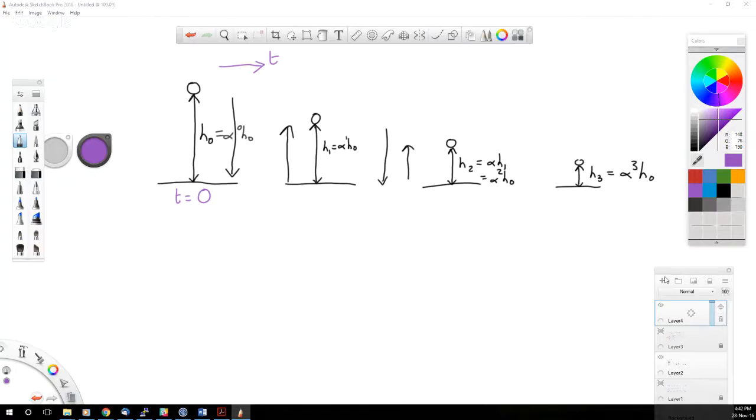But basically what we're saying is the time between bounces. So that's the time going up plus the time going down. So this and this are T1, this and the next bit are T2. The distance that the ball bounces upwards and the distance the ball falls are the same.